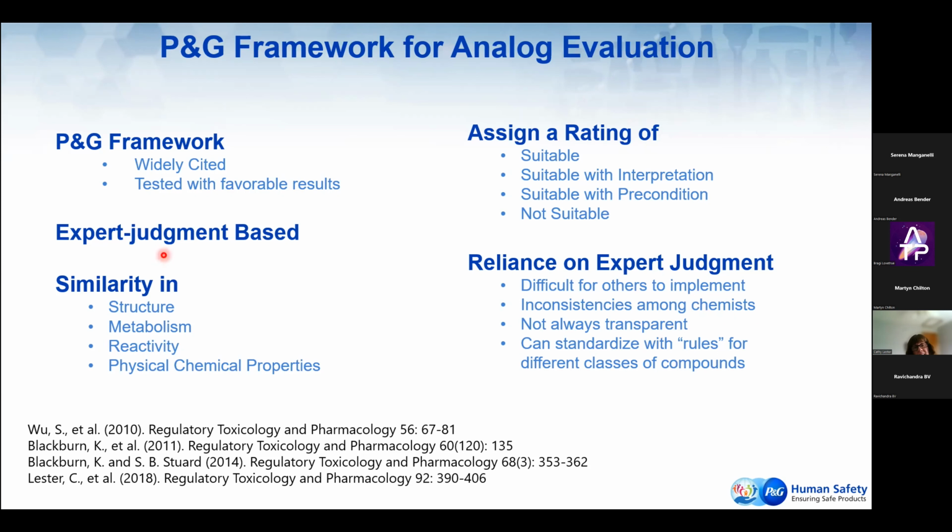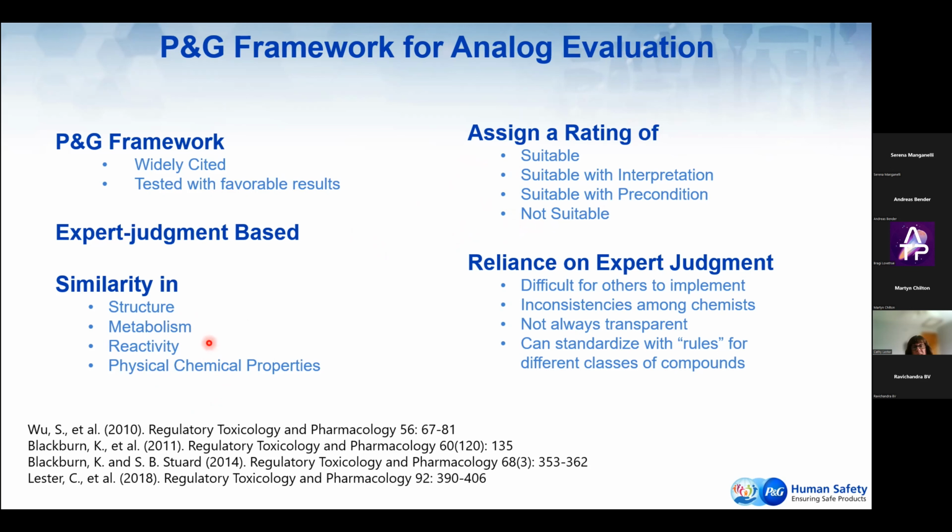The technique relies heavily on chemistry expert judgment, and it requires a chemist to demonstrate similarity in structure, metabolism, reactivity, and physicochemical properties to assign a rating of suitable, suitable with interpretation, suitable with precondition, or not suitable for a proposed analog. Suitable analogs are similar in all 4 attributes.